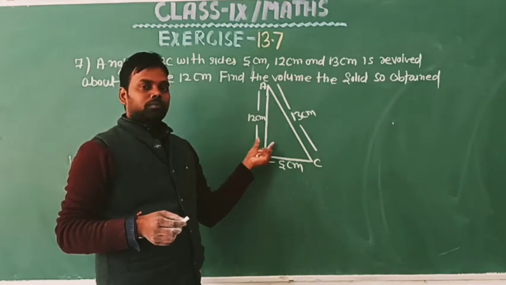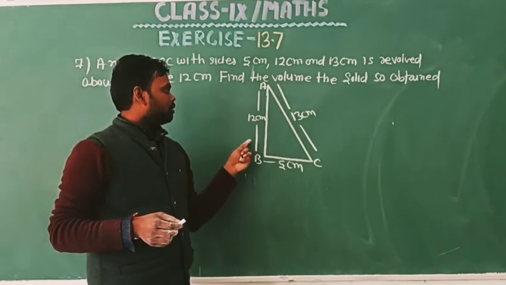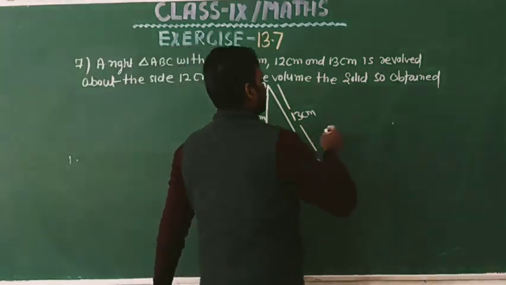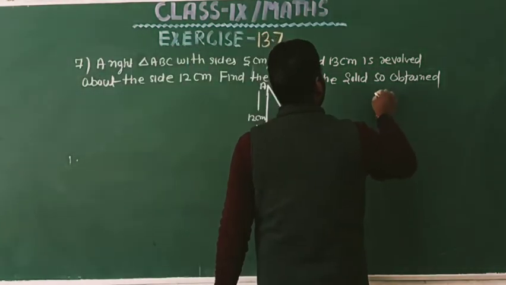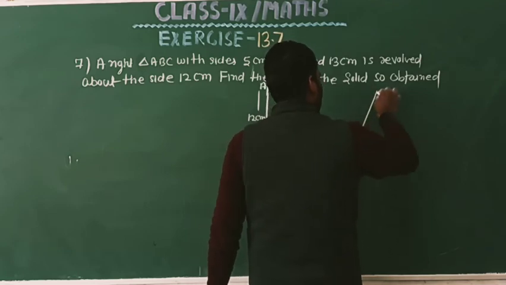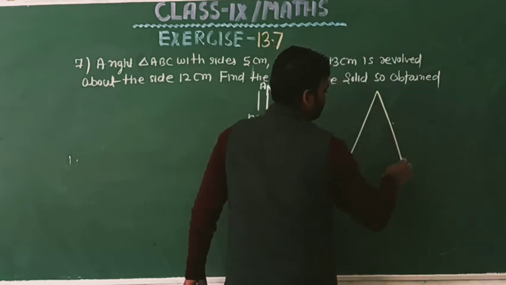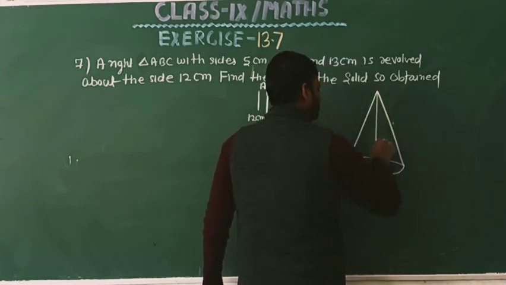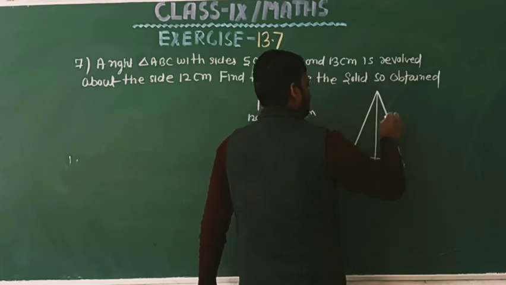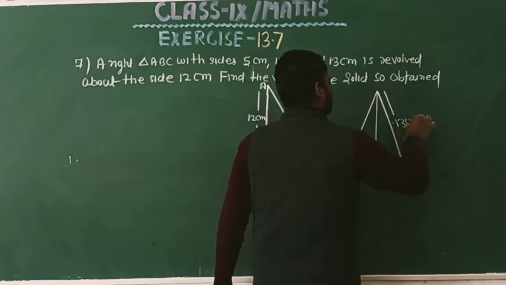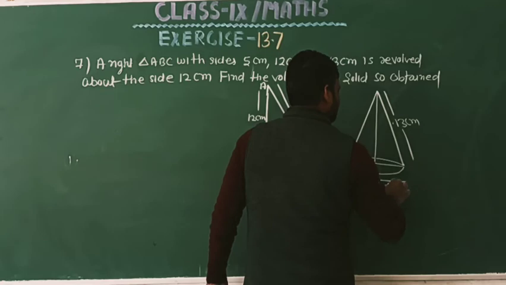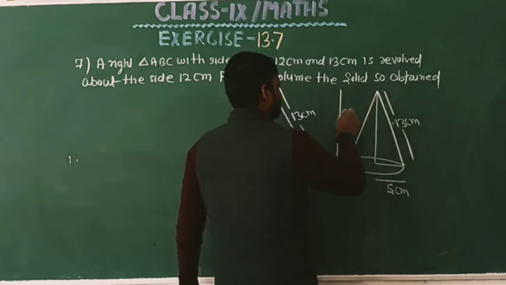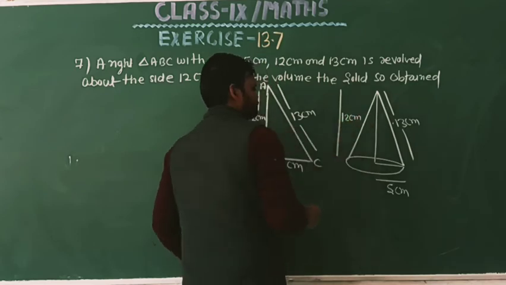If you revolve this right angle triangle about the side 12 centimeter, a right circular cone is obtained, of radius 5 centimeter.